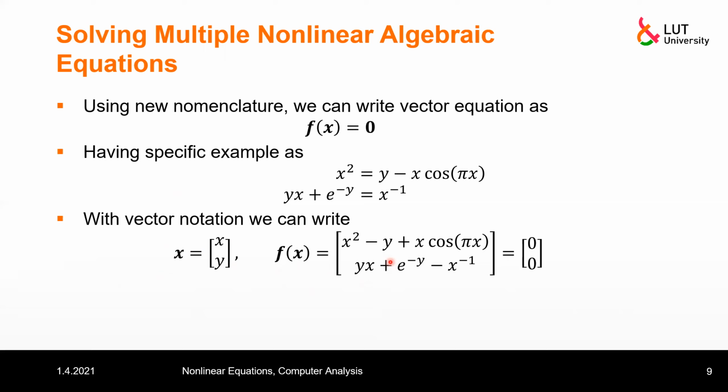We put the first equation, our first function, in the first row, and the second equation, our second function, into the second row. We want to ensure that all of them will be equal to 0 at once. So this is our zero vector.